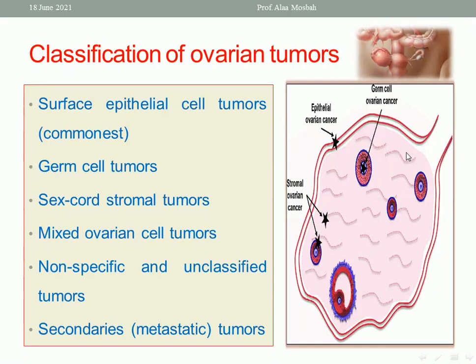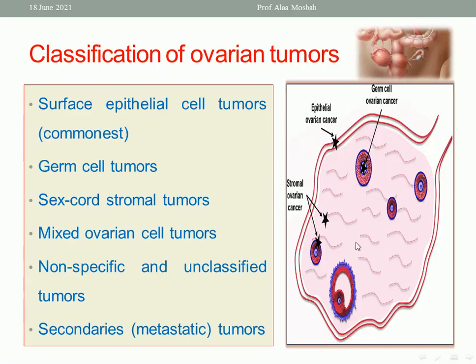The benign of the surface epithelial tumor is cystadenoma with its 5 types, as I mentioned before. The benign of germ cell tumor is the dermoid cyst or benign mature cystic teratoma. The benign of sex cord stromal tumor is the fibroma. Okay, these are the common benign ovarian tumors.